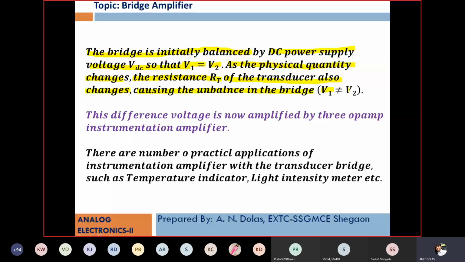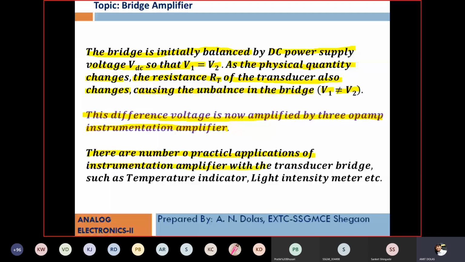Therefore, V1 and V2 are not equal. This difference voltage is now amplified by the 3 op amp instrumentation amplifier.